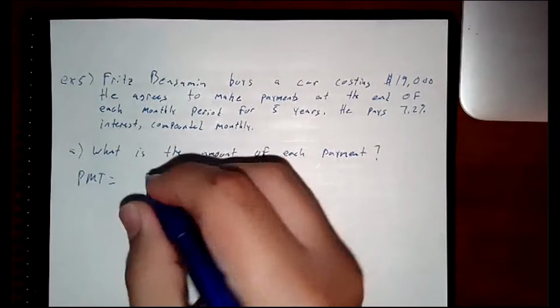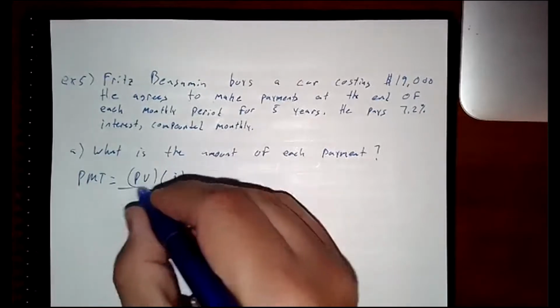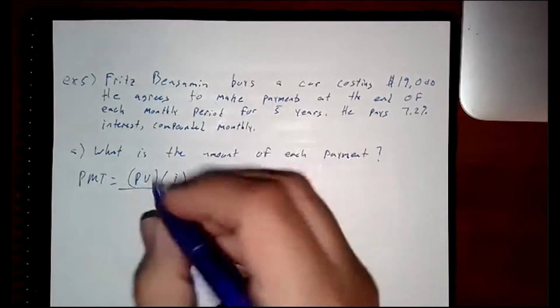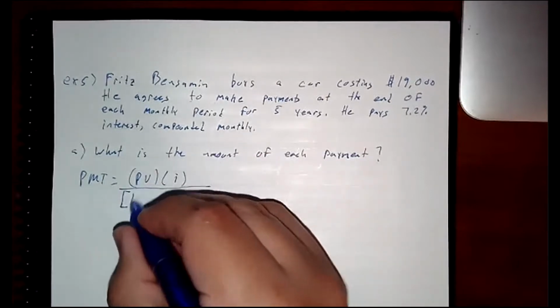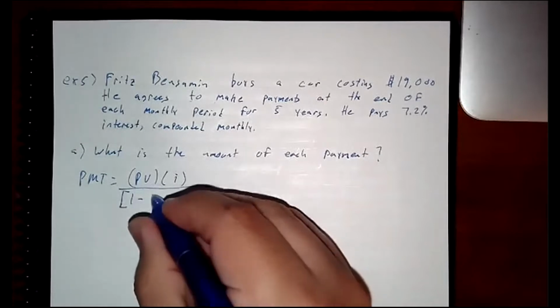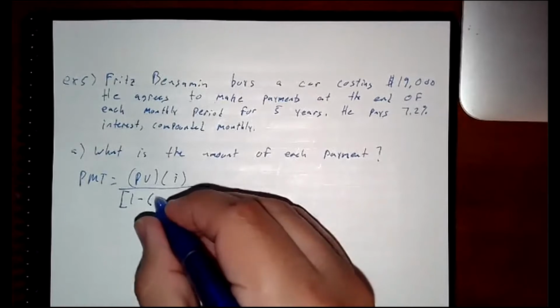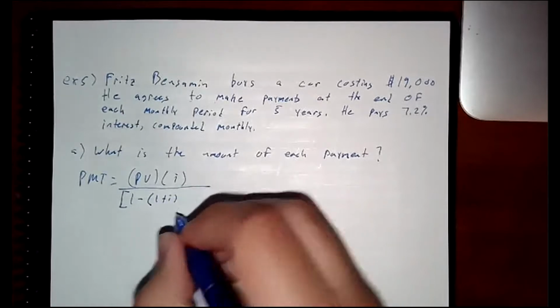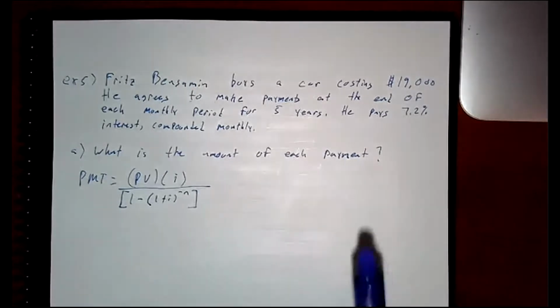I'm curious if this is different from the other, so I'm going to check right now. The other payment formula was derived from the future value. This one is coming from present value. So there's two payment formulas. Let's check.